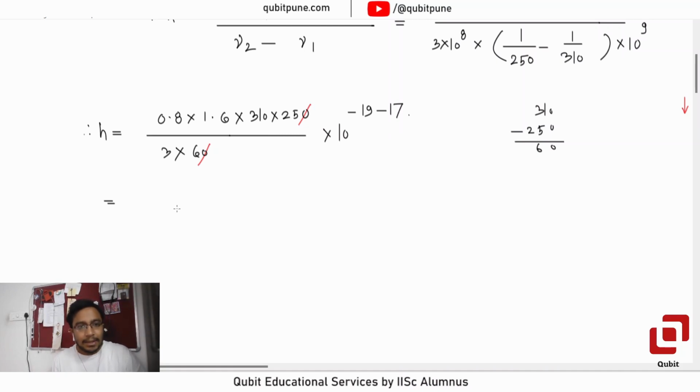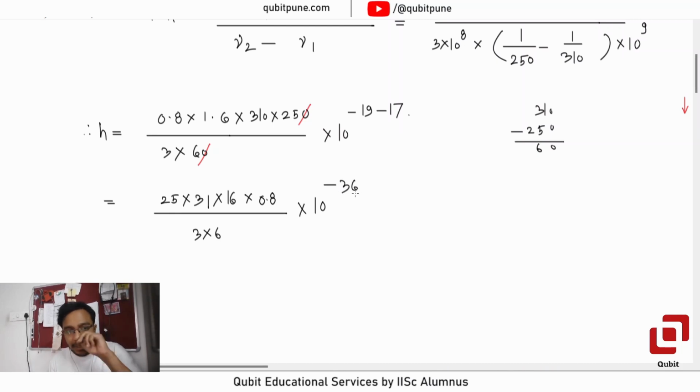So effectively what we have now is 25 into 310. So let me write it as 31, and let me give 0 to 16 into 0.8 upon 3 into 6 into 10 raised to negative 36.